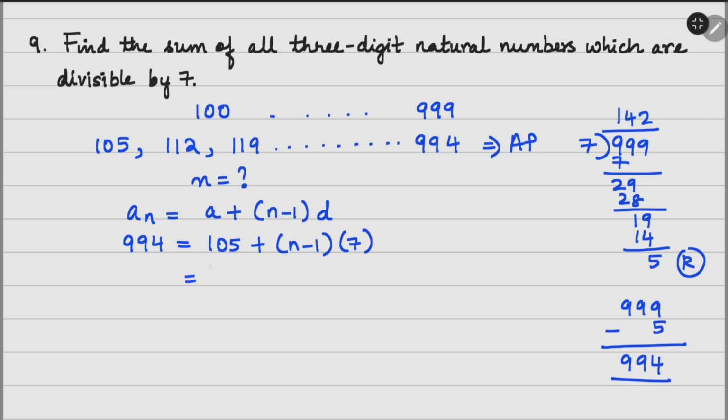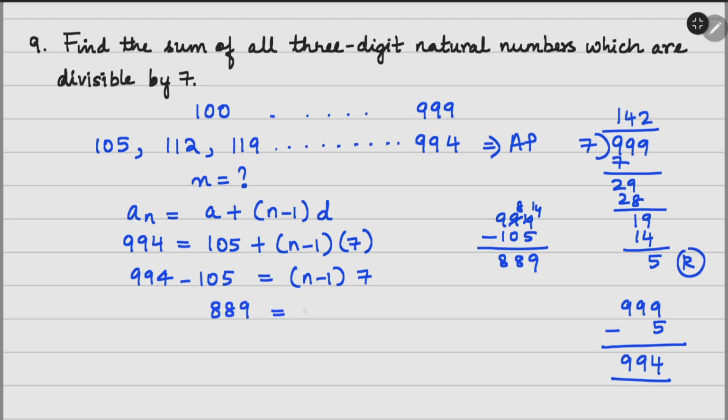So this is nothing but 105 plus n minus 1 into 7. So what I can do is I will take this 994 minus 105 is equal to n minus 1 into 7. Right? 994 minus 105. So you have 889. 889 is equal to n minus 1 into 7.